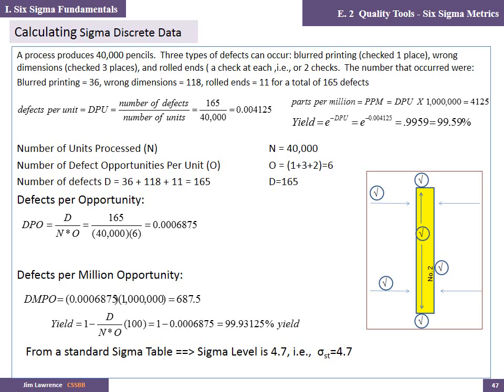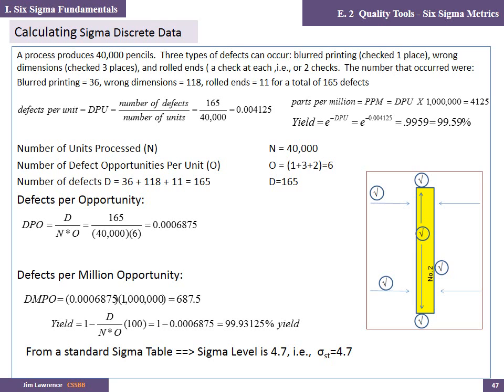So we had 165 defects over 40,000 units times 6 opportunities per unit, or 0.006875. We convert this to defects per million opportunities by multiplying by a million, giving us 687.5.